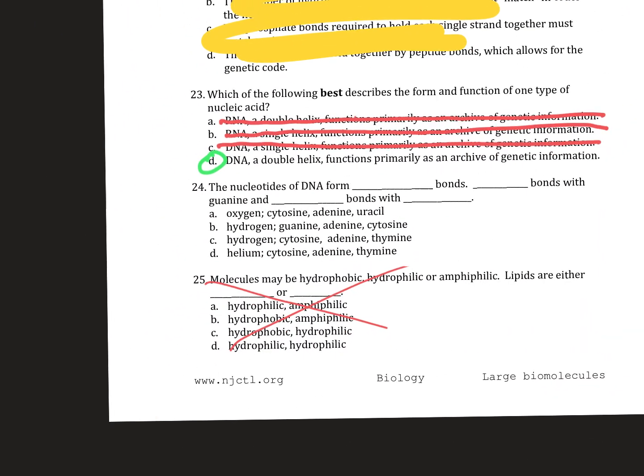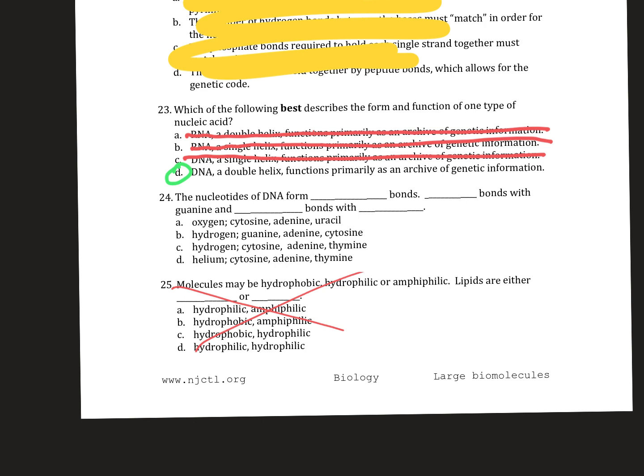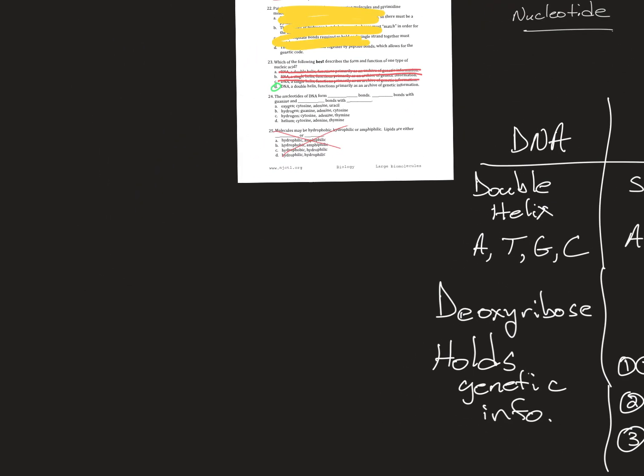So when you look here, the nucleotides of DNA form blank bonds in DNA. Remember, I drew out a bunch of nucleotides, and I wish I could just open up that other video in a different window and keep this video rolling.